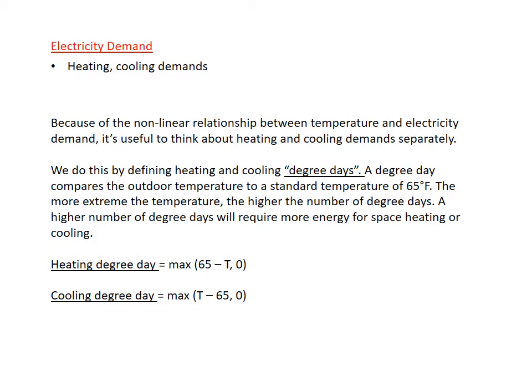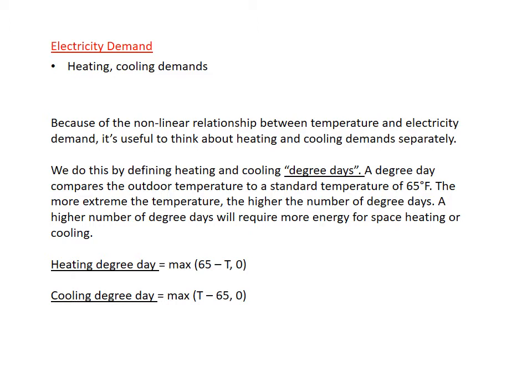Because of this nonlinear relationship between temperature and electricity demand, we can't come up with a linear regression that describes the amount that electricity demand increases for every 1 degree increase in temperature. Instead we have to break up temperature into what we call heating and cooling degree days if we're going to model the relationship between temperature and electricity demand.